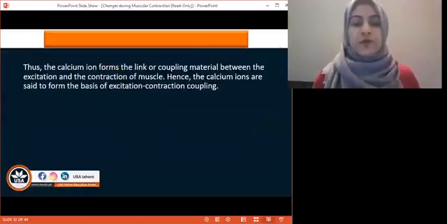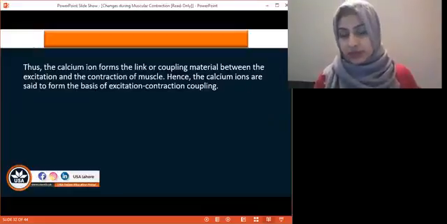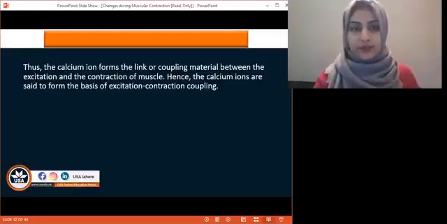Then the calcium ion forms the link or coupling material between the excitation and the contraction of the muscle. Hence, the calcium ions are said to be the basis of excitation contraction coupling. So now we know the basis of excitation contraction coupling depends all on the calcium ions.